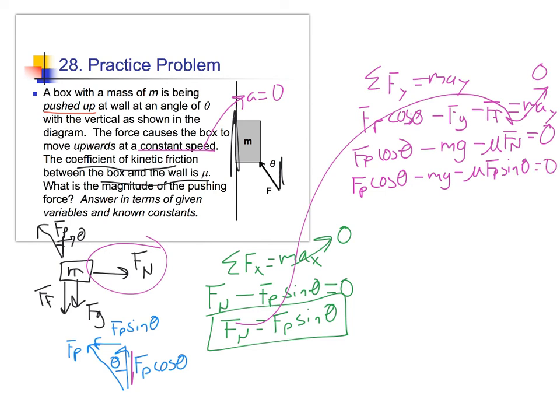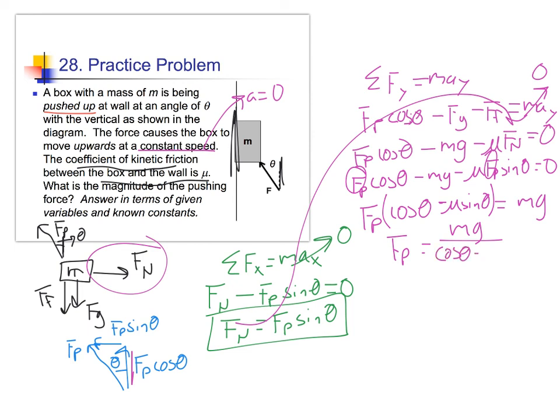I'm going to move that mg to the other side, and I'm going to factor out an Fp from the two terms that remain. So we're going to have Fp times cosine of theta minus mu sine of theta. If we go ahead and solve for our pushing force, we get that it's equal to mg over cosine theta minus mu sine of theta.